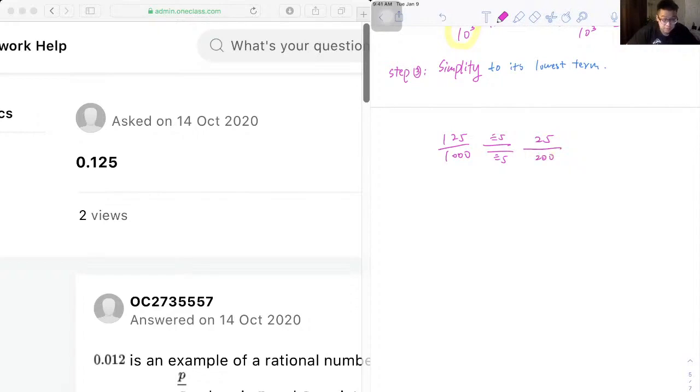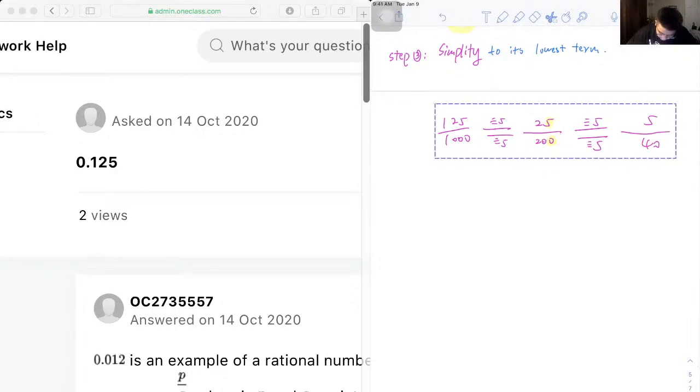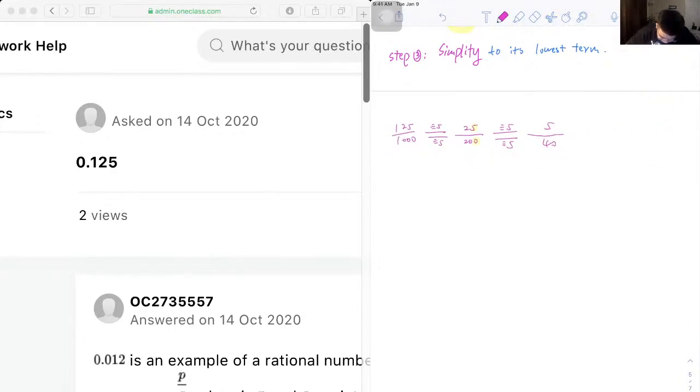Okay, and same thing again. One is ending with 5, the other one is ending with 0, so we can still divide by 5. So we have 5 over 40. And same thing, we can do that again.